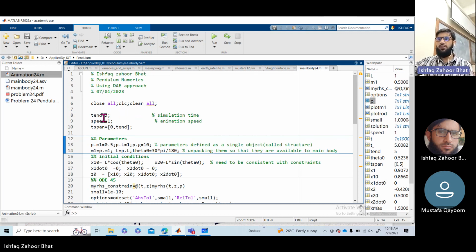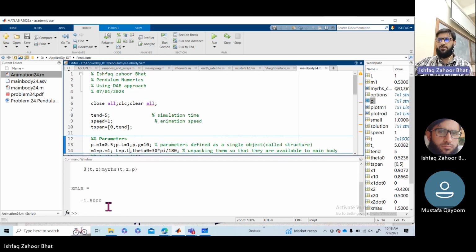Close all will close everything, that is every figure. If there is any window showing a figure, it will close it. And clc will clear your command window, which is here. If there is anything here, it will clear it.